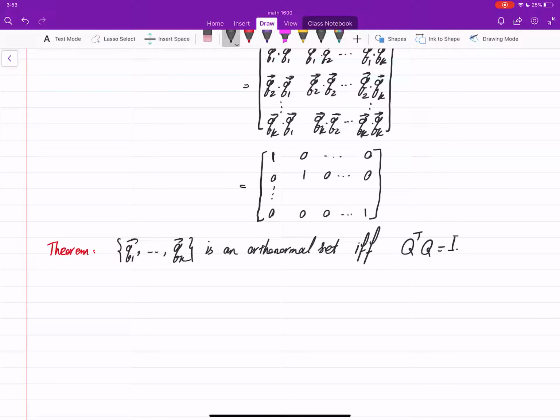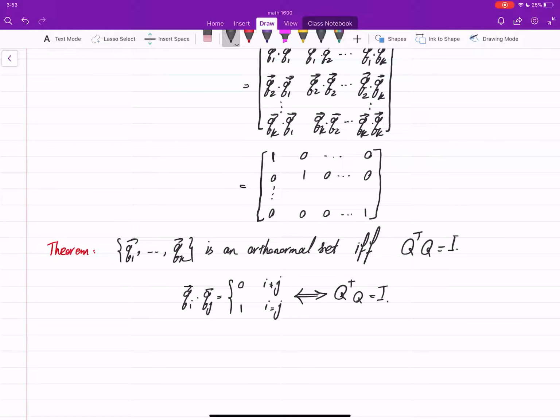So Q transpose times Q is identity. This means that instead of writing those conditions that Qi dot Qj equals 0 if i is not equal to j and 1 if i is equal to j, we can just write this matrix multiplication and that's it.